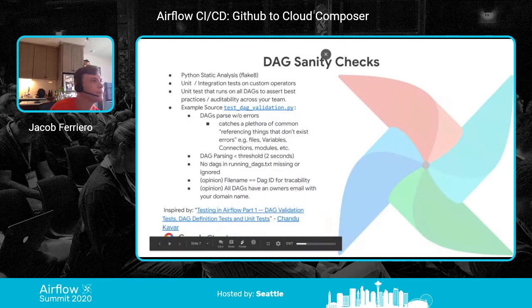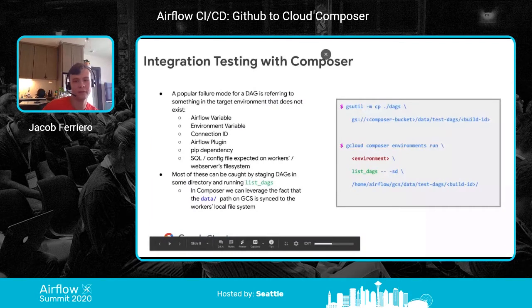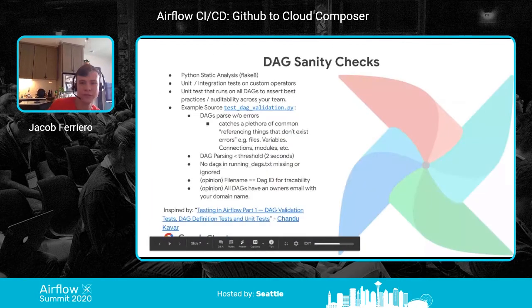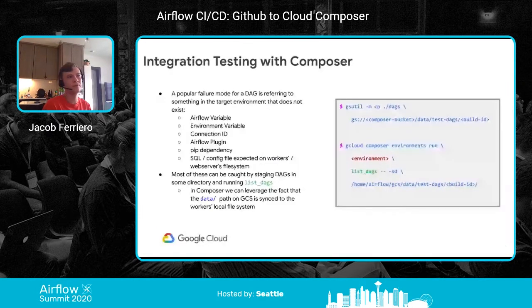All right. So we've done some general sanity checks on our DAGs, but there's a whole other suite of problems that we have when we deploy something to Composer. A lot of these fall under the theme of referring to things that don't exist.